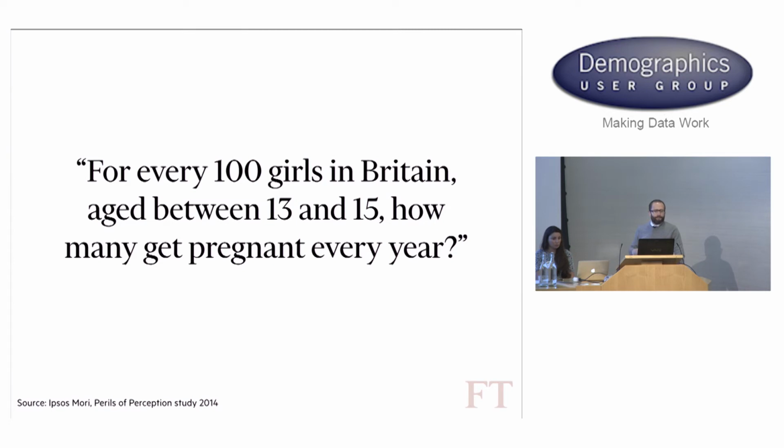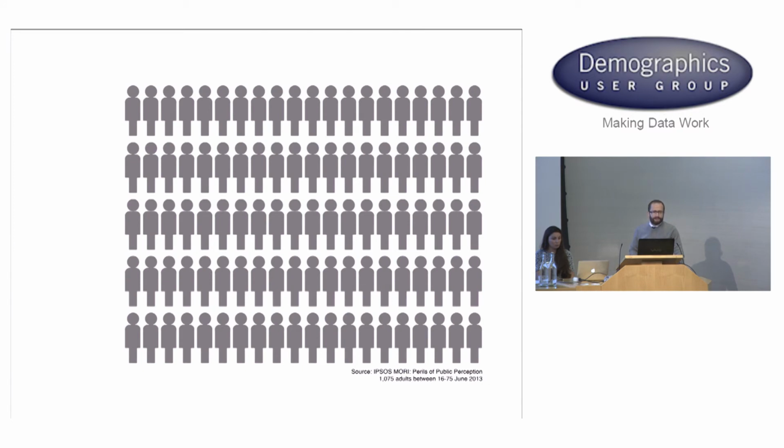Now I thought I spotted a great chance to use this particular one because I did a talk at St Paul's School for Girls in Hammersmith last year, and I went to the visuals with it. I said, here are 100 teenage girls. And so there was a room full of schoolgirls that said, how many do the British public think get pregnant every year? And what do you think the British public thought?